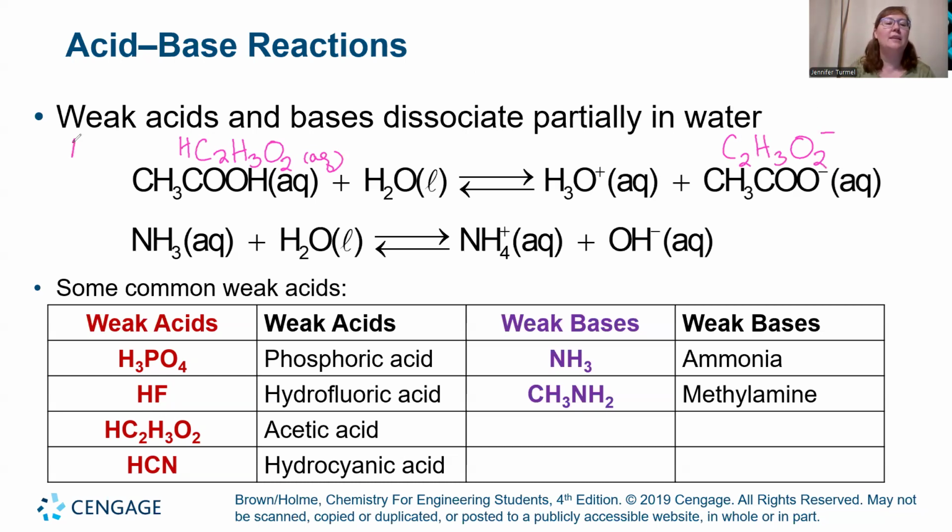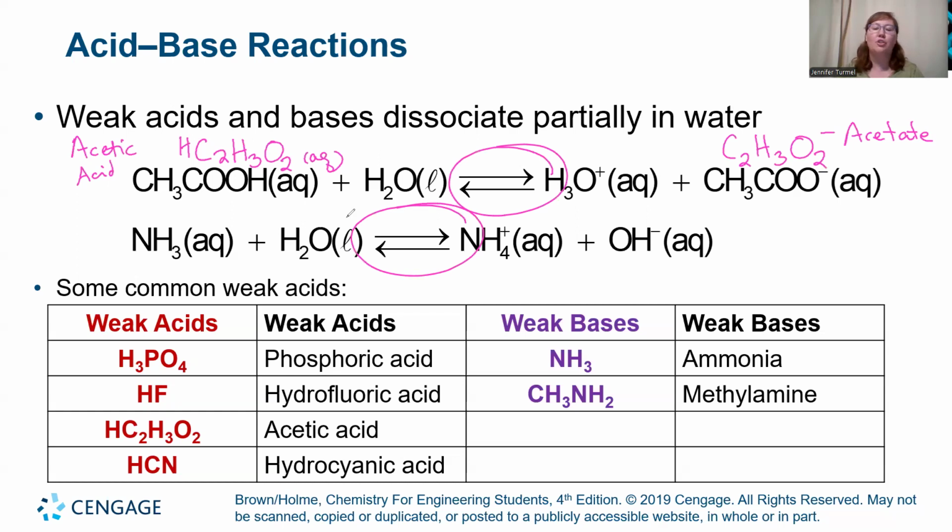So this is acetic acid, and this is the acetate ion. Here you can see those double arrows showing that we have only a partial dissociation. These are just giving you some examples. It's not a total and complete list by any means. Both of these lists are only partial. All right, we're going to pause there, and we will come back later for some more chemistry in part 2.